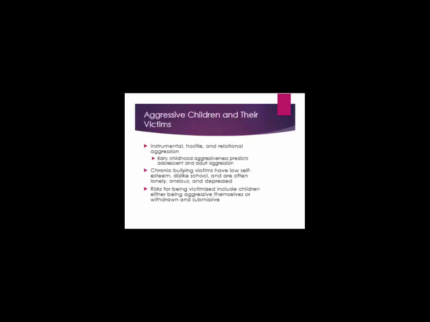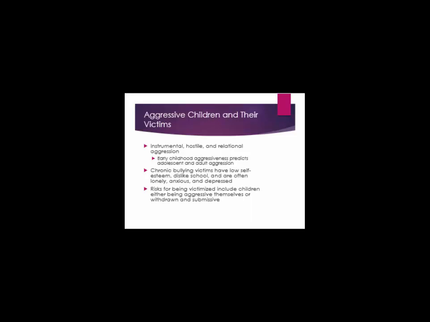So finally, we'll end this chapter by talking about aggressive children and their victims. Researchers have identified 3 forms of aggressive behavior: instrumental aggression, hostile aggression, and relational aggression. Instrumental aggression is when a child uses aggression to achieve a goal.